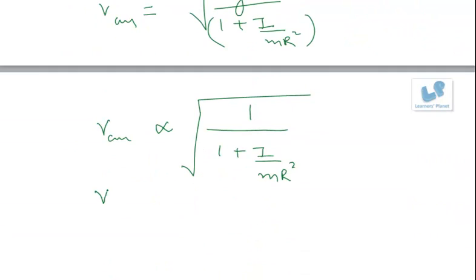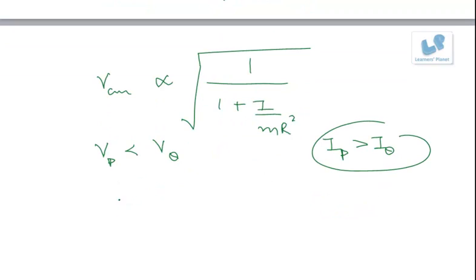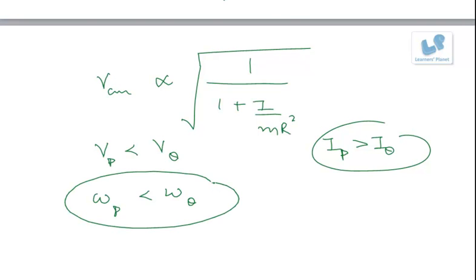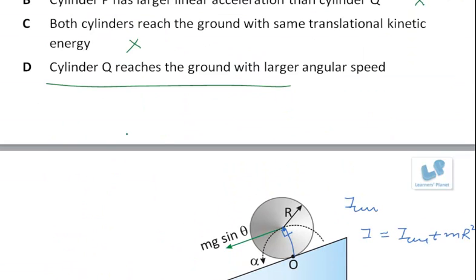So we know that the velocity of center of mass of P will be less as compared to Q because moment of inertia of P is more than moment of inertia of Q. And if this is the case, then omega of P upon reaching the ground will be lesser than omega of Q. So option D, cylinder Q reaches the ground with larger angular speed, is correct.